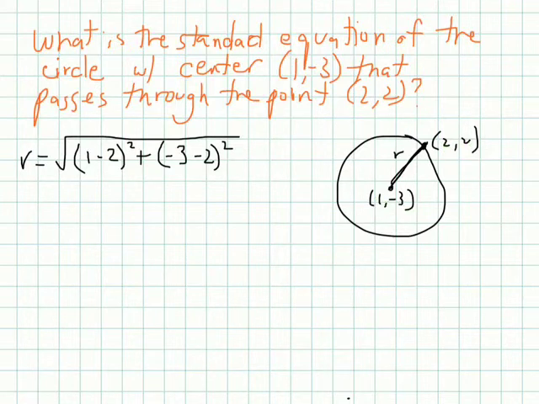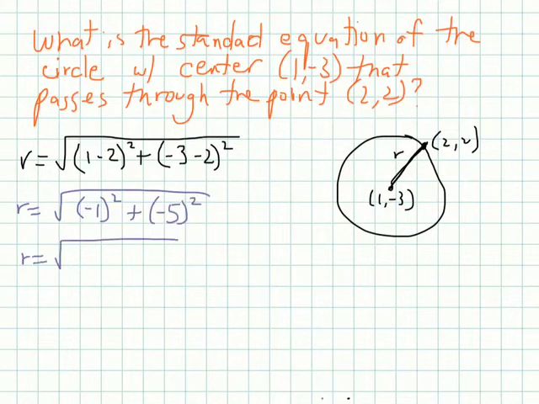And now let's continue to move forward. Our radius equals the square root of (1 minus 2), this is -1, squared, plus (-3 minus 2), which makes -5, squared. That's 1 plus 25, so the square root of 26.